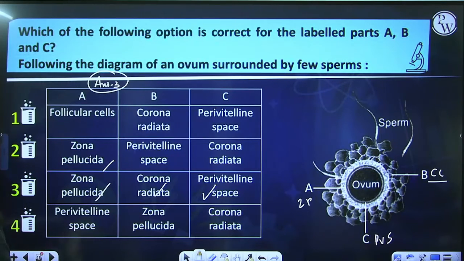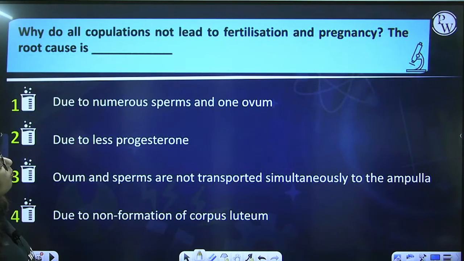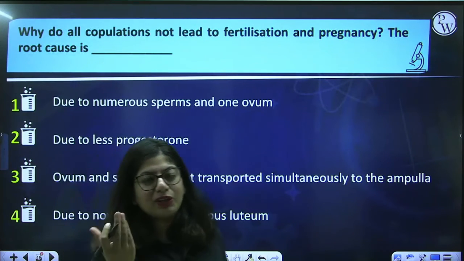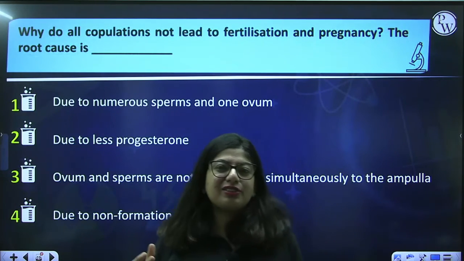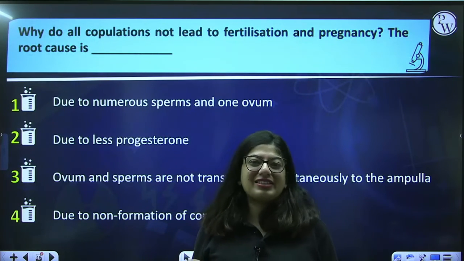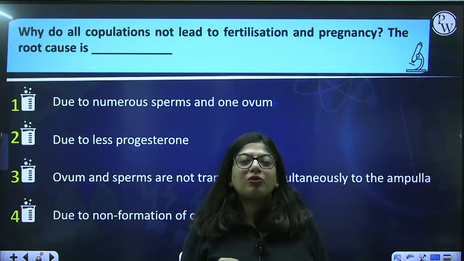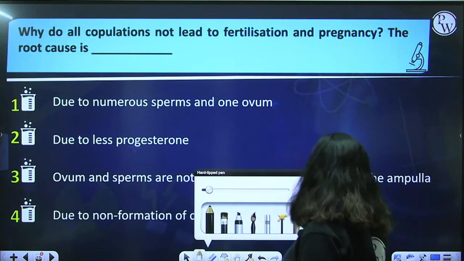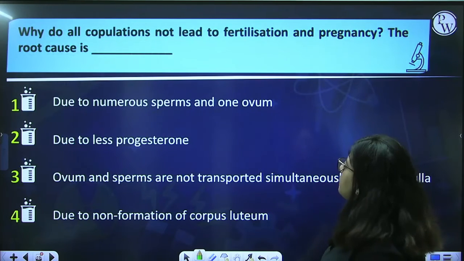Next, why do all copulations not lead to fertilization in pregnancy? There is only one reason why not all copulation leads to pregnancy: both the gametes have to reach at the right time at the right place. So, what will be the answer? Read the options. Due to numerous sperm in one ovum?